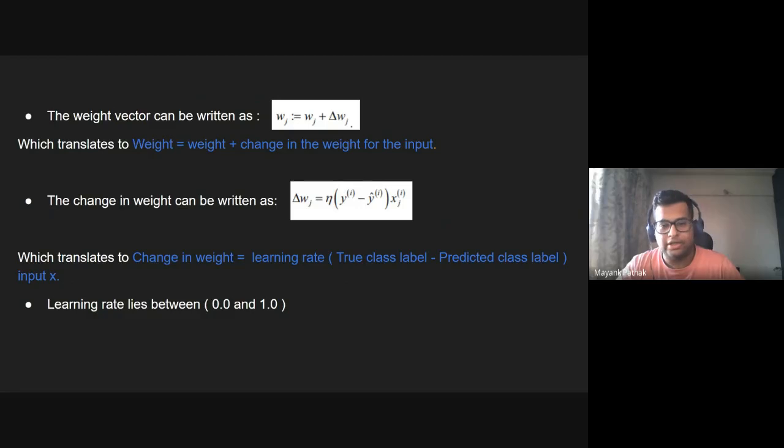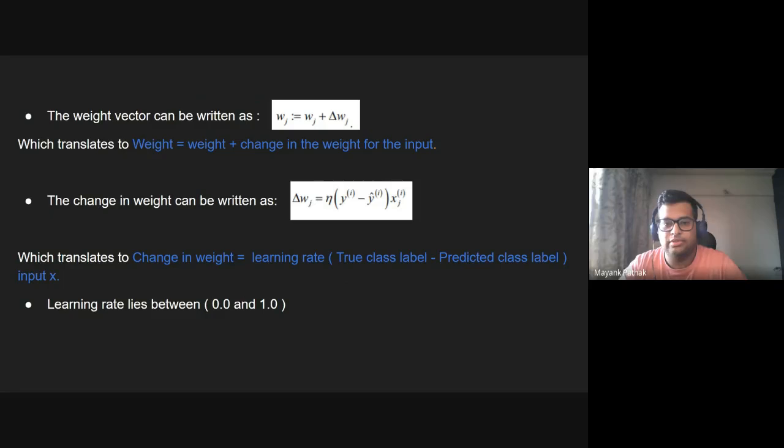The weight vector has this formula: W is the weight, so Wj, where j is just a subscript, becomes Wj plus delta W. This is just a simple rule for updating the weight vector.